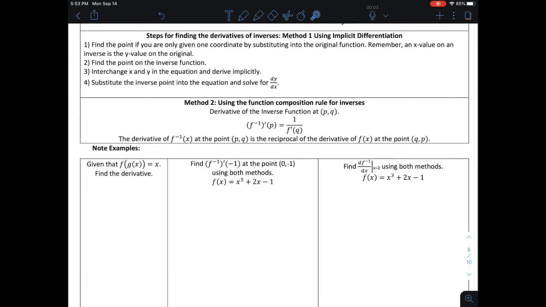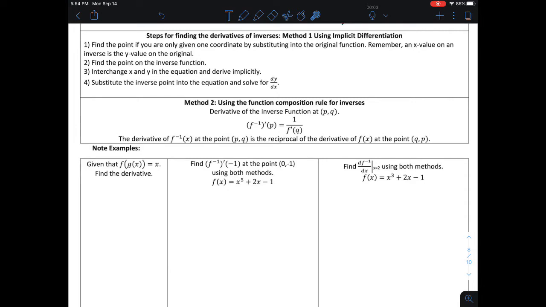I don't necessarily have to rewrite our equation as y equals after a swap, but I basically would just swap our x's and y's in our equation. I'm going to swap the coordinate around, and then I'm going to take the derivative implicitly and put the point in, and that would give me my derivative. So you swap the x's and y's in the equation, and then take the implicit derivative, and you turn the coordinate around before you plug in.